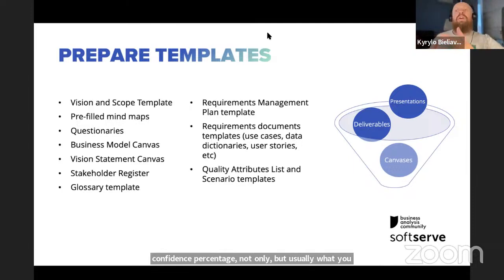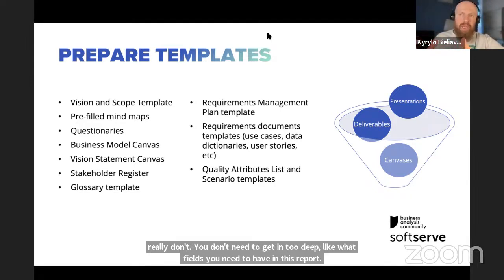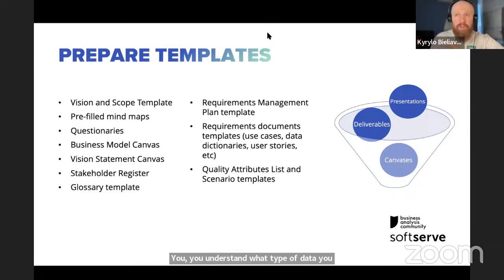So let's say you have a use case that says we need to have a report of certain information. You really don't need to get in too deep, like what fields you need to have in this report. You understand what type of data you have, you understand if it's available, you understand if we store it somewhere, and you can build your estimate on that. Of course you add some percentage for risks, and you need to create a contingency fund.